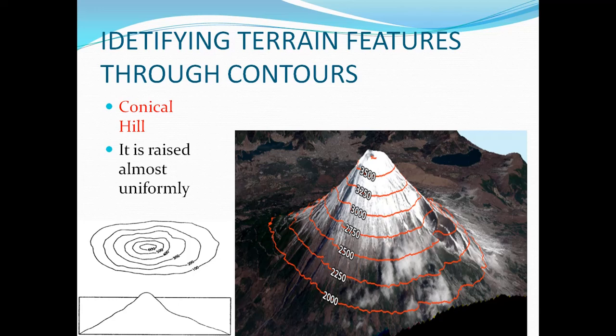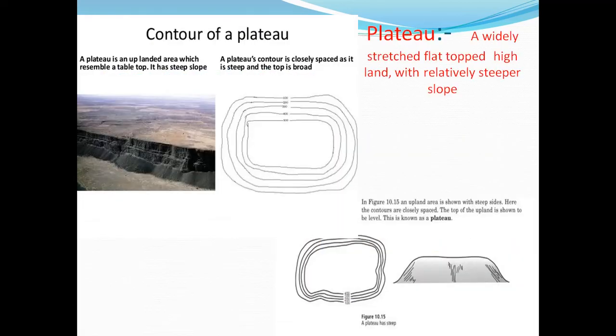Now let us have a look at another landform, that is the plateau. We know that a plateau is a tableland. It is an abruptly elevated plain place. So a plateau is a widely stretched flat-top highland with a relatively steeper slope, meaning at the edge of the plateau the slope is steep.